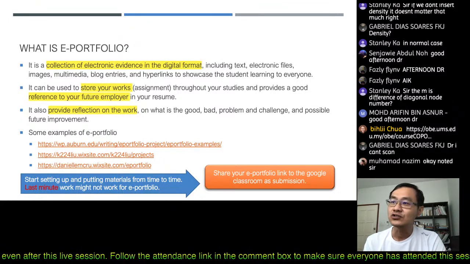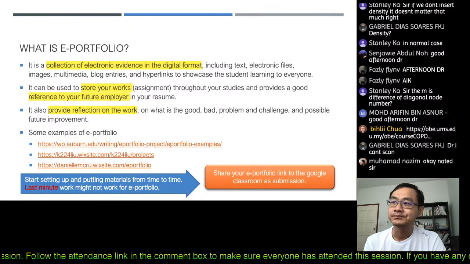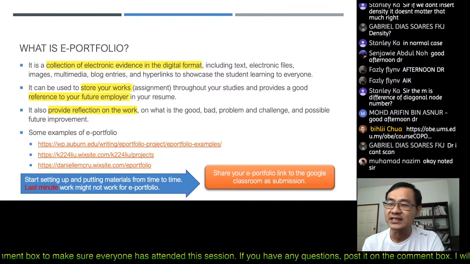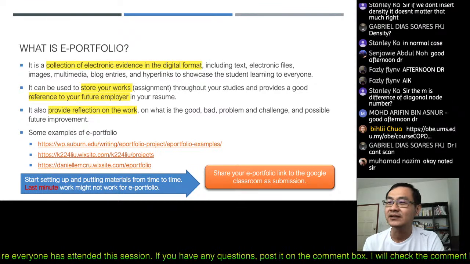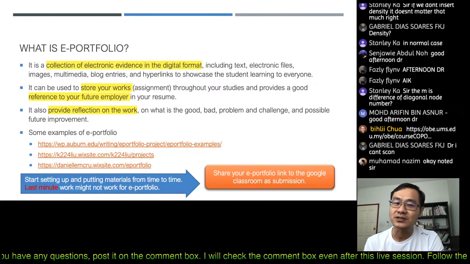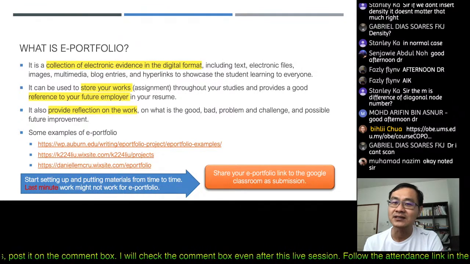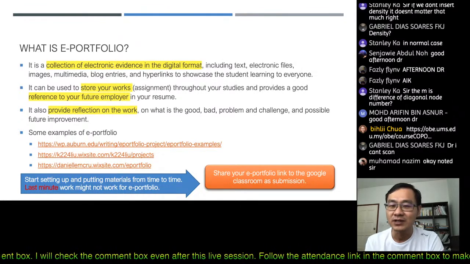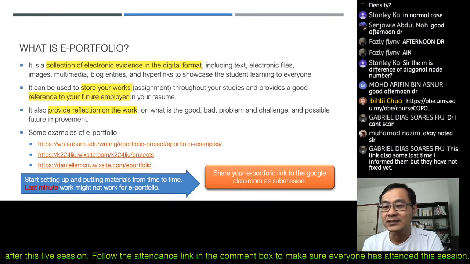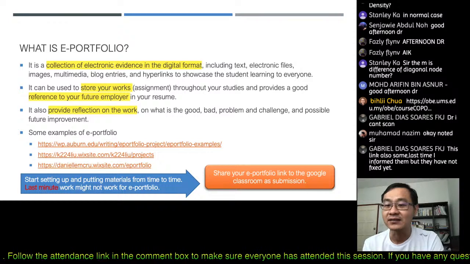So you don't have to put in too much effort on designing the whole website, but you just design it so long as it's easy to browse. When I look at it, it should be easy to browse. Just like when you browse a website, you want something easy to find.